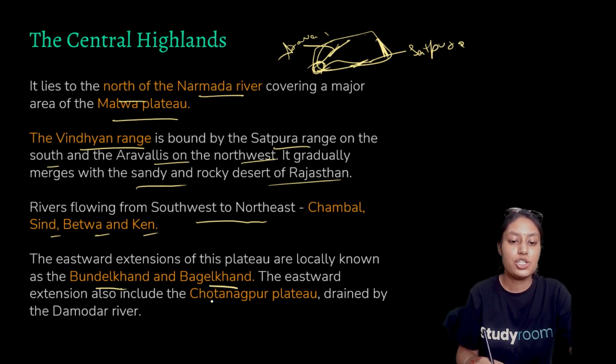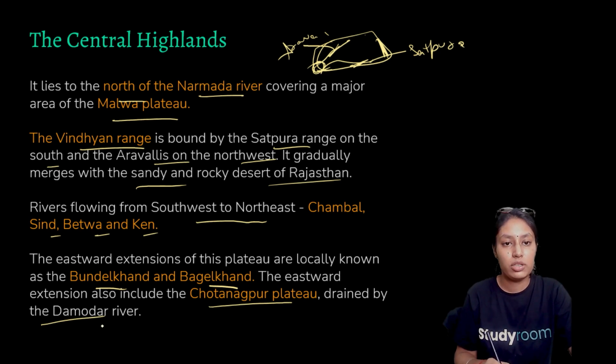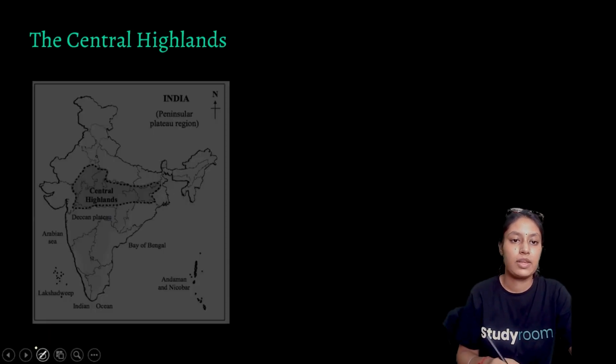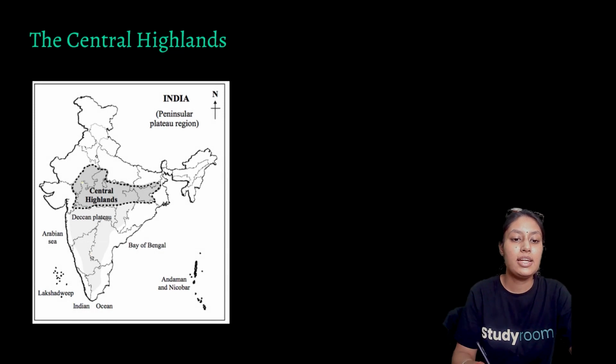The eastern extension also includes the Chota Nagpur Plateau, drained by the Damodar River. These are the areas which it covers. This is the eastern part, the Bundelkhand part, and all the rivers from here that it covers.